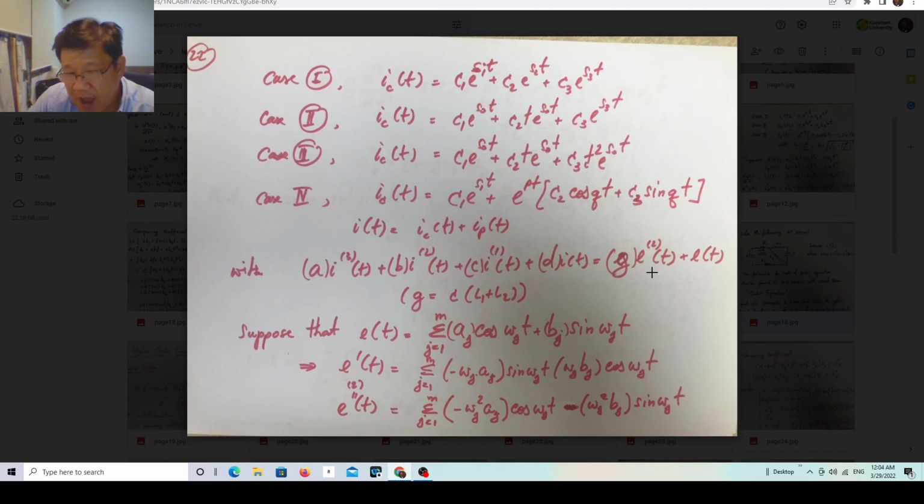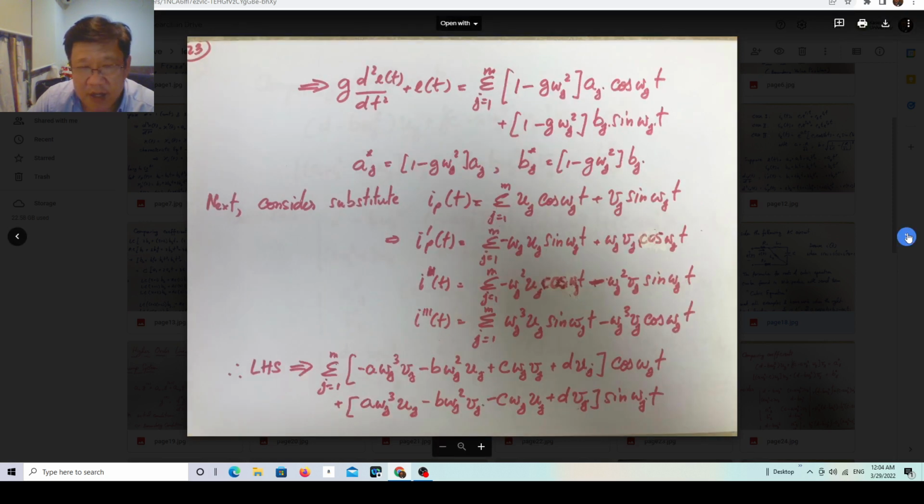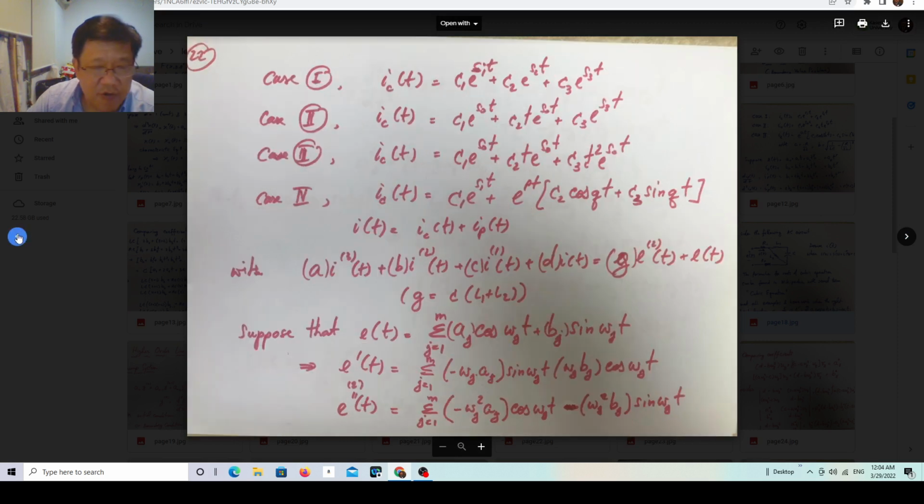And after this multiplication, you use this term to add it up to the current function of e(t). So this one is already the rearranged term. Actually how you're going to do it is that I'm going to use g to multiply the last line here, and then I'm going to add it up with the first line here. The first line is just multiplied by 1.